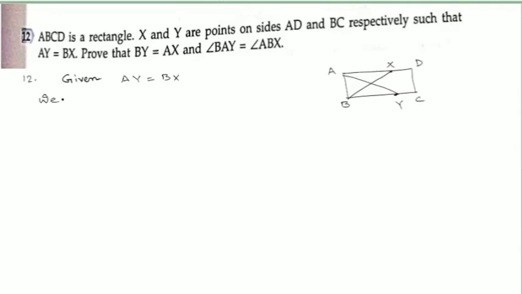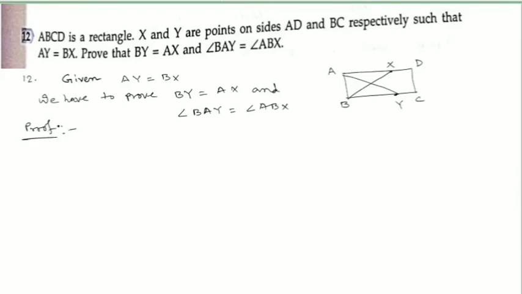We have to prove BY is equal to AX and angle BAY is equal to angle ABX. Now we have to prove these two points. For that purpose, we will prove the two triangles, that is triangle ABY and triangle ABX are congruent. So we will write proof.